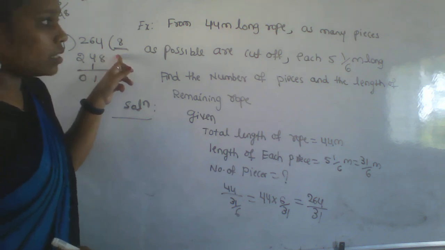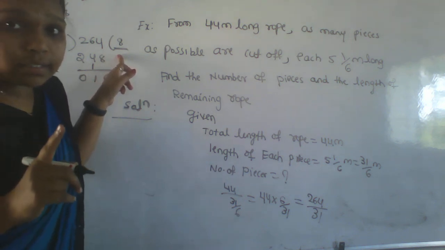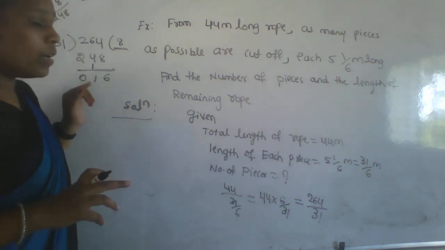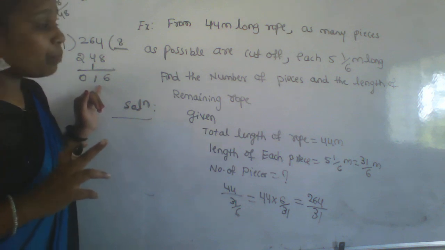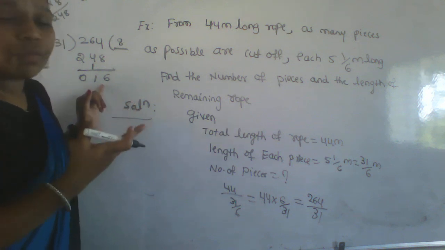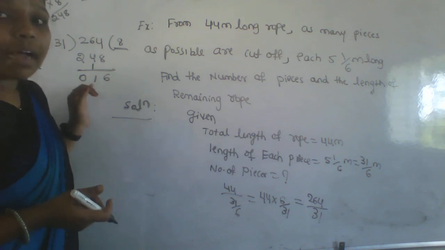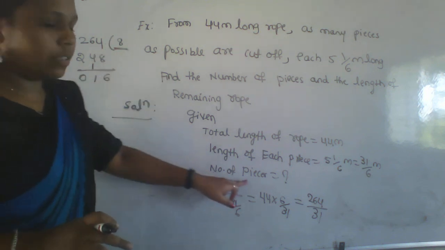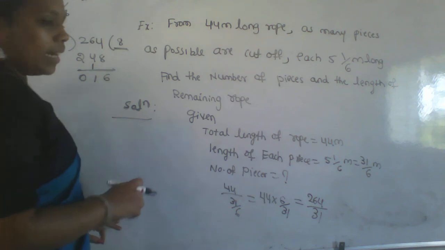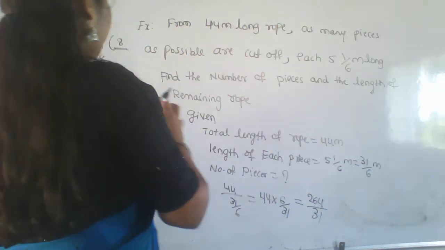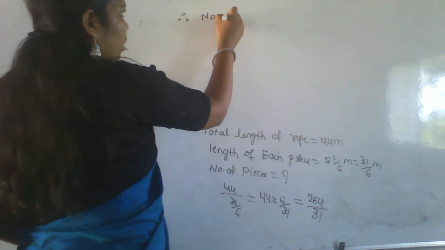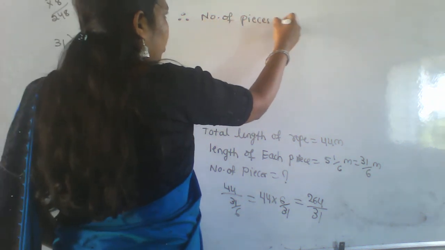So how many pieces are cut off here? 8 pieces cut off. And what is the remaining length of the rope? 16 meter. The remaining length of the rope is 16 meter. The remainder is always the remaining length of the rope and the quotient is the number of pieces. So therefore, number of pieces is equal to 8.